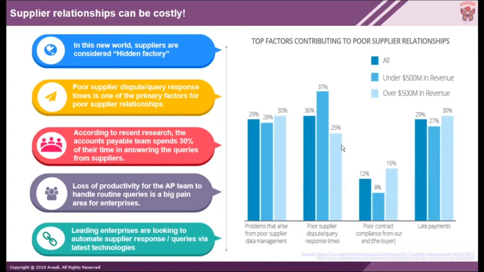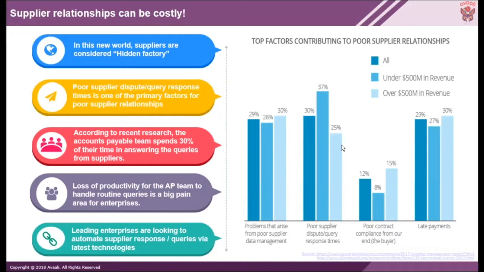So, according to a recent research from Paystream Advisors, we see that around 30% of the customer's time is spent on answering to queries from suppliers. So this could be the communication over telephone, on emails, searching through the response, statuses.